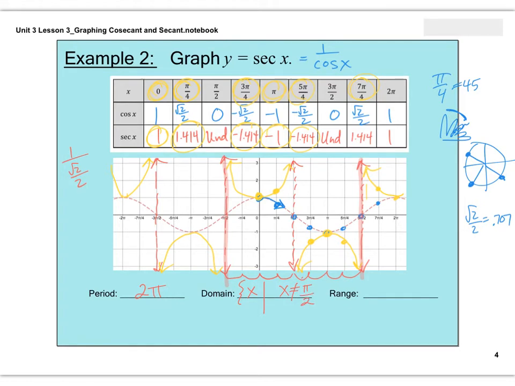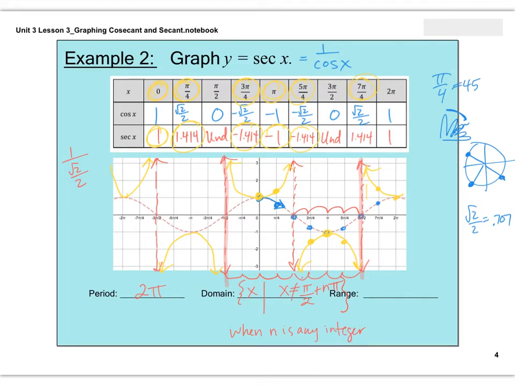And then think about how far apart they're spaced. They're spaced 1, 2, 3, 4 boxes apart, which is equivalent to pi. So they can't be at pi over 2 or any interval of pi. So think about n can be any integer when n is any integer.